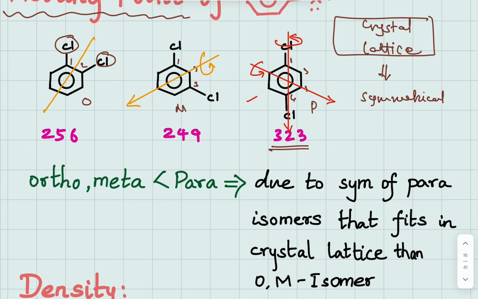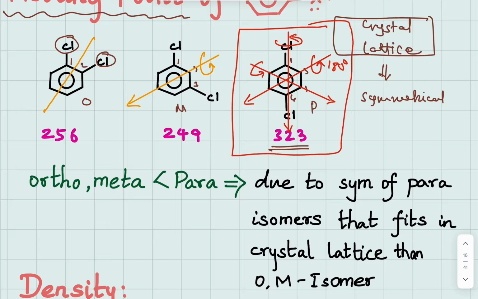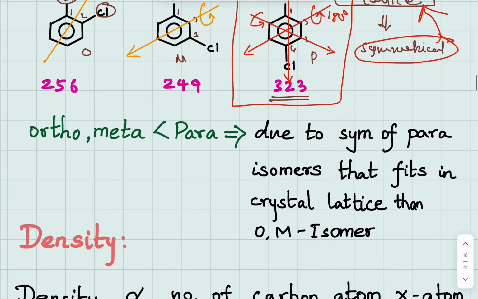Similarly, on this axis I can rotate by 180 degrees and get similar structures. So this isomer has a greater number of symmetry elements. More symmetry means more crystal lattice packing, and therefore a high melting point.